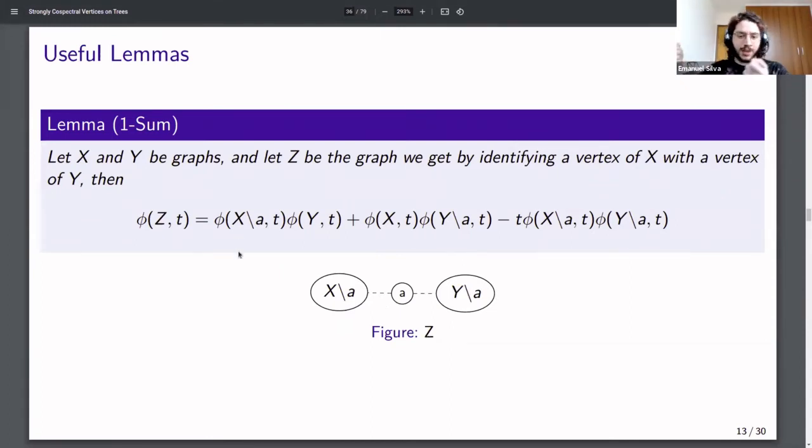So if we have this type of graph, then we can write its one sum, which is decomposing the characteristic polynomial of Z into this expression, which is not the most beautiful expression, but is an expression that only depends on phi of X minus a, Y, X, and Y minus a. And it's going to be very useful to us for all the rest of the talk.